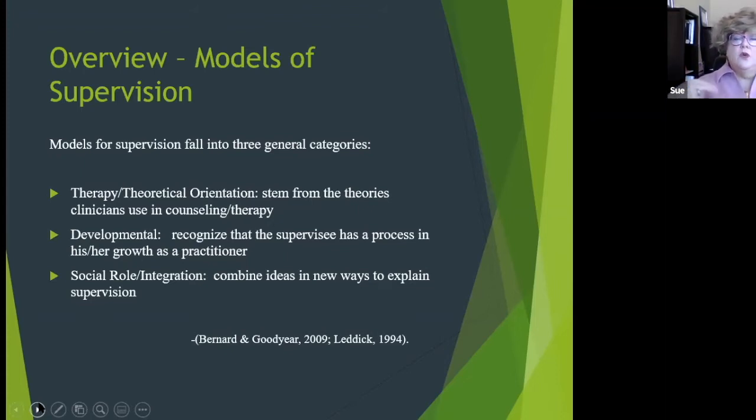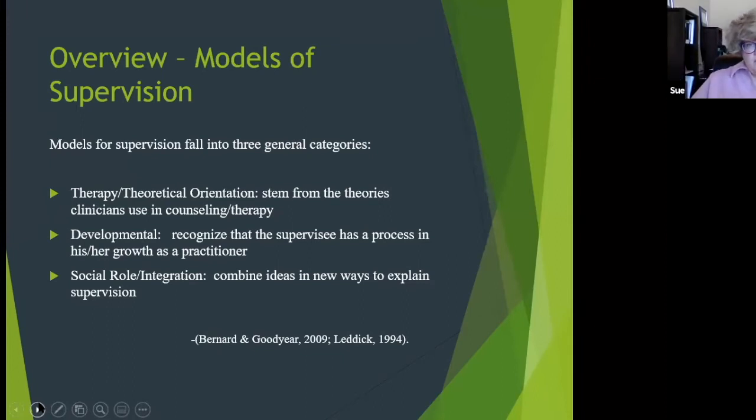Then there's the social role integration. So it's basically what are conceptual ideas that we can combine together to work with supervision. An example of a social role integration model is something called the discrimination model, where as a supervisor, you are basically wearing different hats as a teacher, as a consultant, as a counselor.